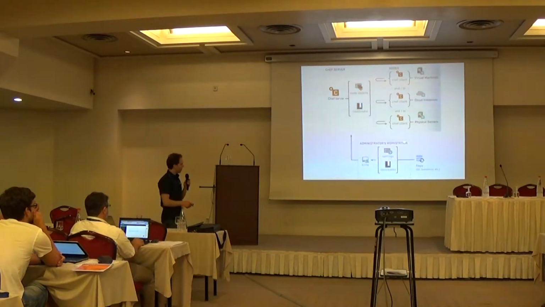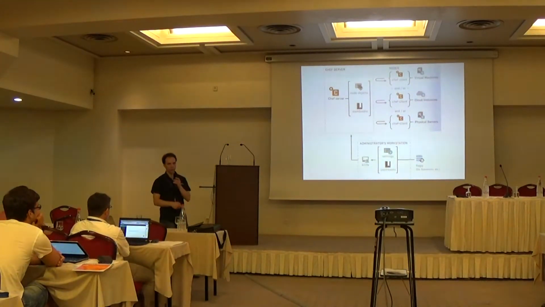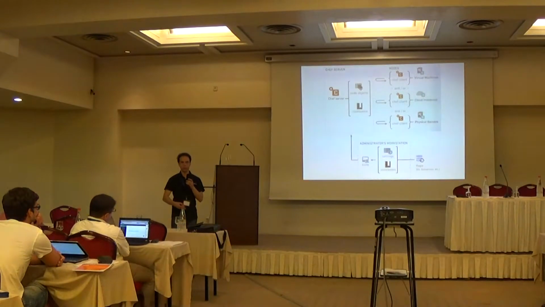Then you have the administrator's workstation. The administrator basically has a tool which is called Knife in order to interact with the Chef server. Technically, the Chef server implements a RESTful API. You could also use this API programmatically to integrate Chef with your favorite orchestration and management tooling.